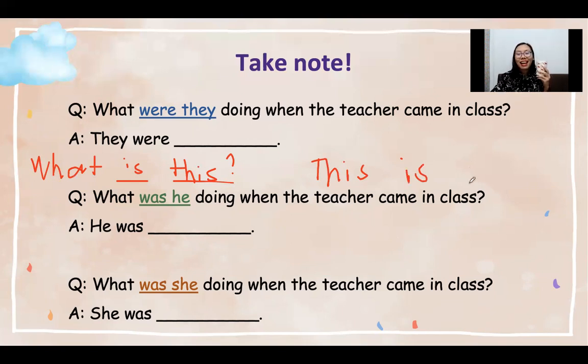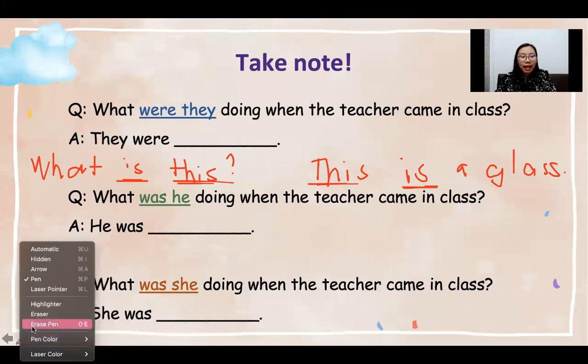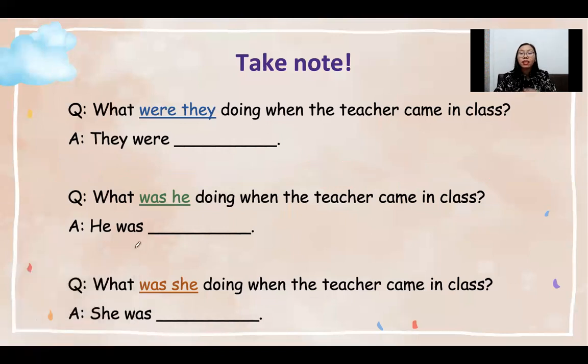A glass. Okay, this is a glass. The question is, what is this? The answer, this is. Understand? Very easy. You can use this in any sentence.